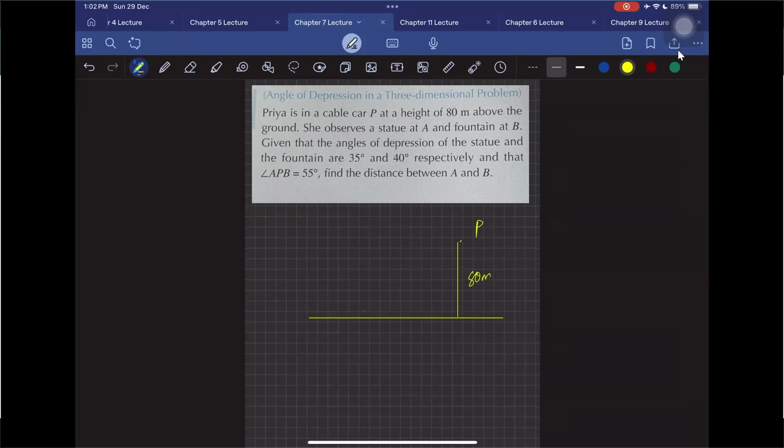Okay. So you have the angle of depression. Sorry, if your angle of depression is less, then it should be further, because your angle of depression is together with the horizontal plane.